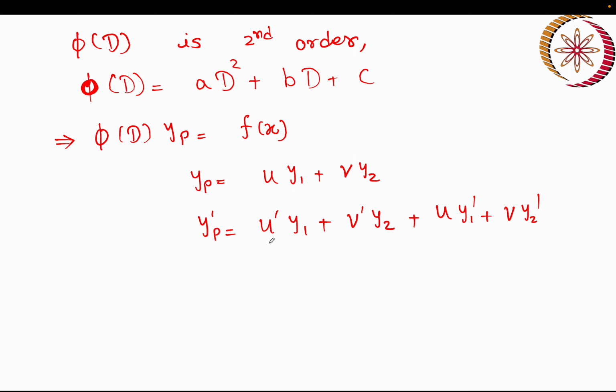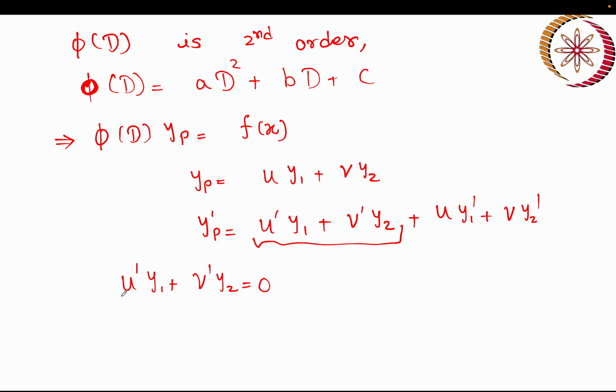We have this term where u and v are unknown, so instead of dealing with the derivatives of u and v, we will set u prime y1 plus v prime y2 equal to 0.